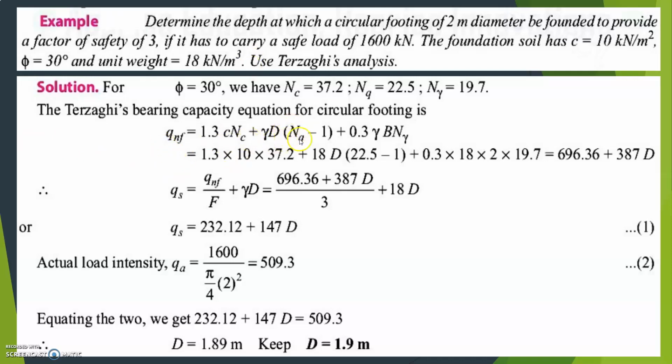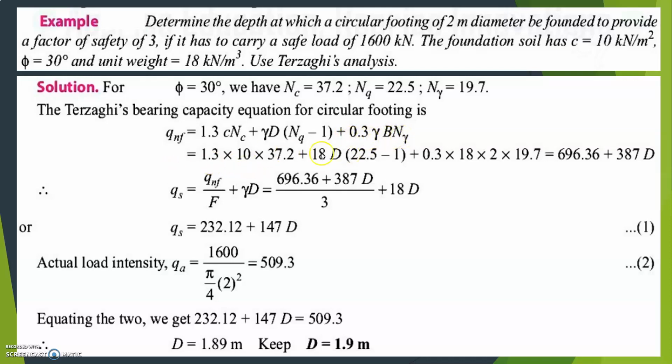That means you have to consider this formula now. This type of problem I have solved in the first class. Any method you can use. You can use the QF formula directly and then find QNF, or you can use this: QNF is equal to 1.3 C NC plus gamma D into NQ minus 1 plus 0.3 gamma B N gamma.